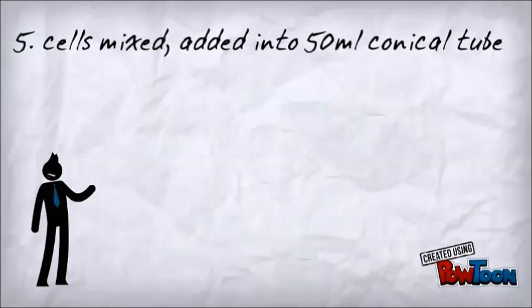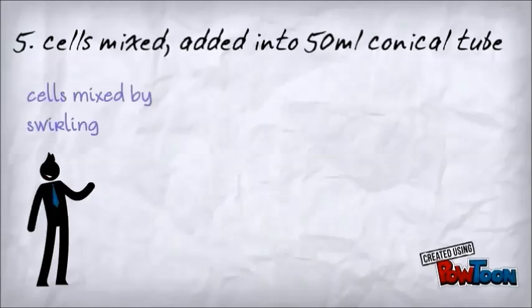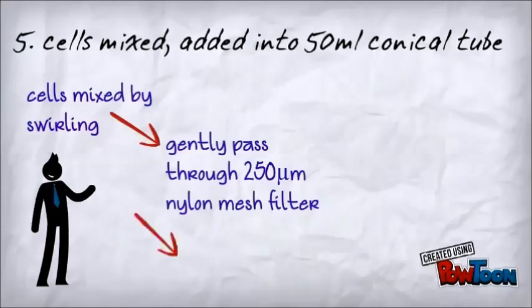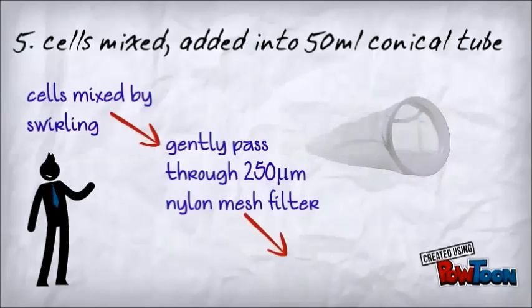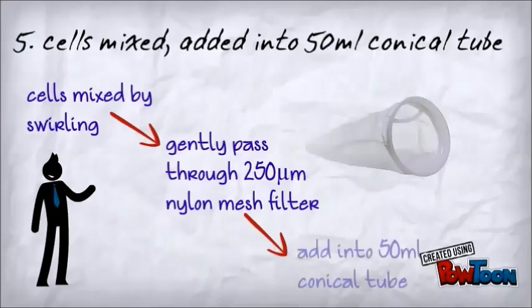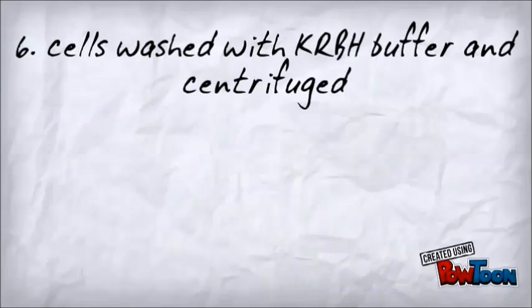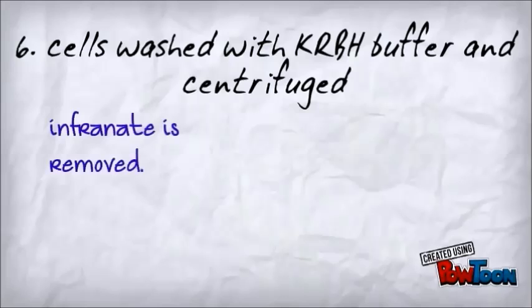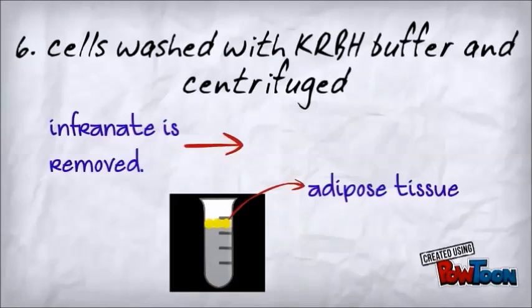After adding KRBH buffer, the cells are mixed via swirling and gently passed through a nylon mesh filter into a conical tube. Cells are washed with KRBH buffer and centrifuged. The infranatant is removed.